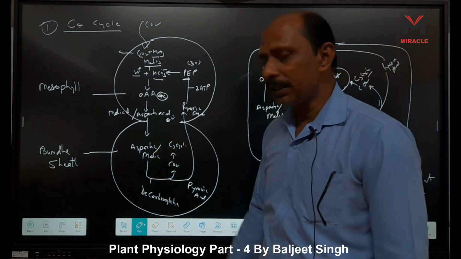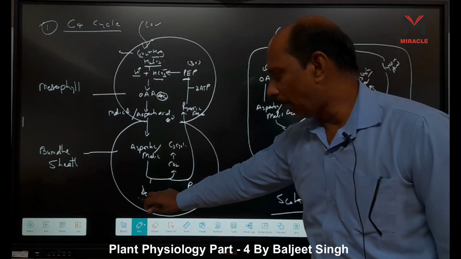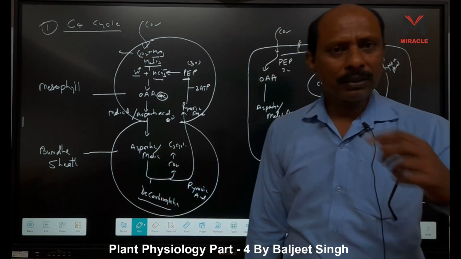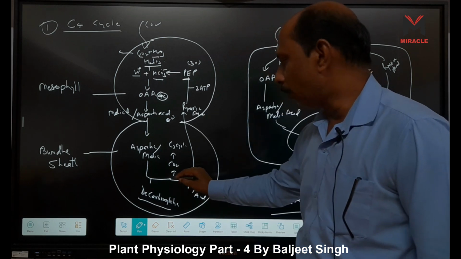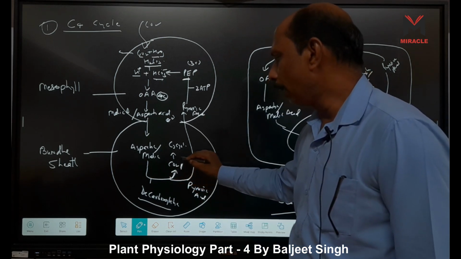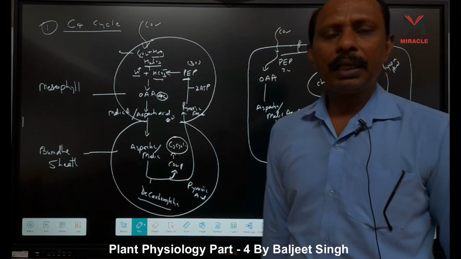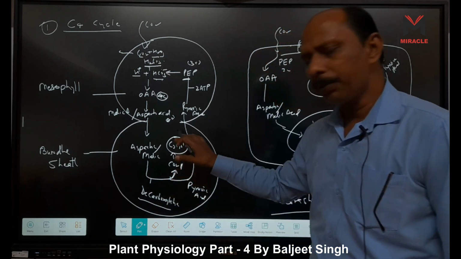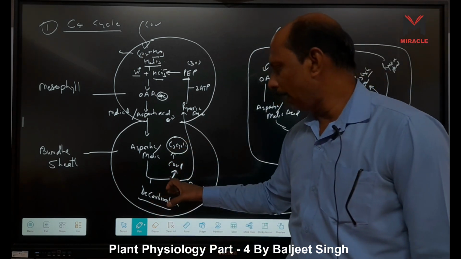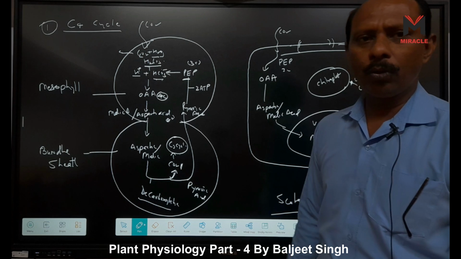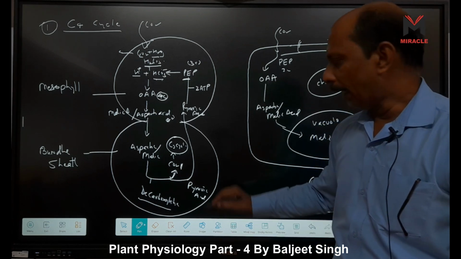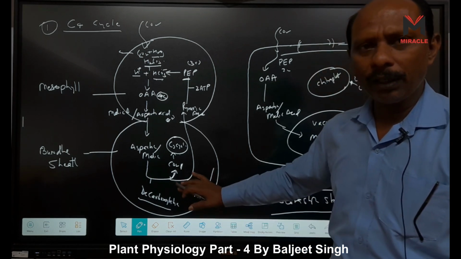When it comes into the bundle sheath cell, what happens? Through decarboxylation, CO2 is released. They release one CO2, and this CO2 comes into the C3 cycle, the Calvin cycle. It becomes a part of the Calvin cycle. Because they release one carbon dioxide, they become once more a 3-carbon molecule, and that is pyruvic acid.